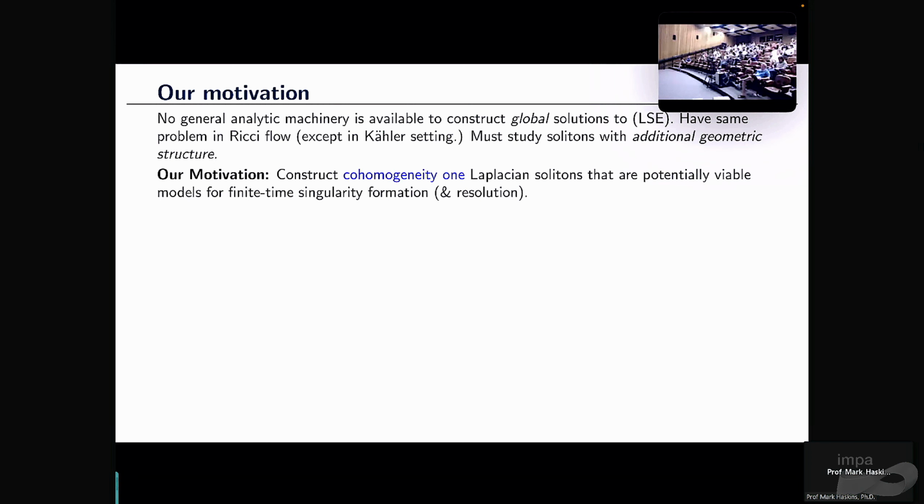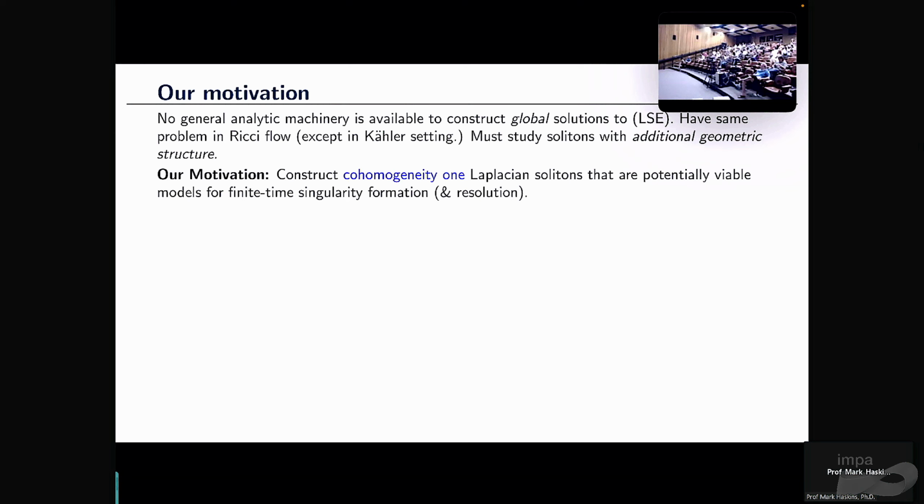So to make some initial progress, we need to study solitons that have some additional geometric structure. What I want to talk about is this additional geometric structure being somewhat symmetric, so having a cohomogeneity 1 action of a Lie group.